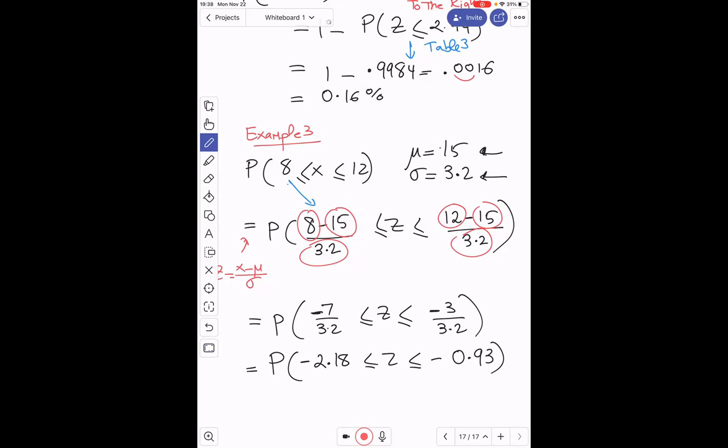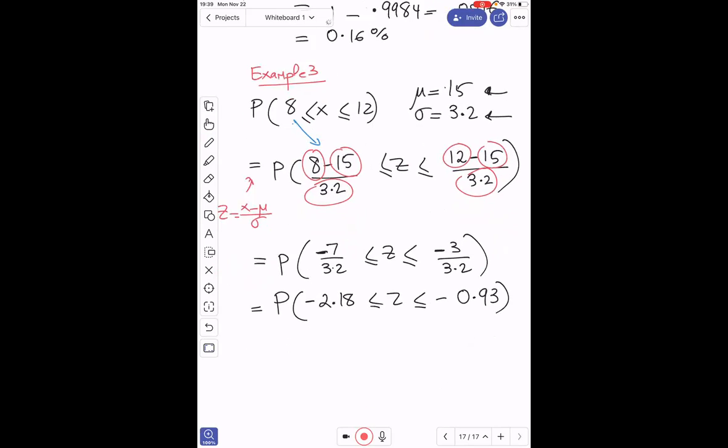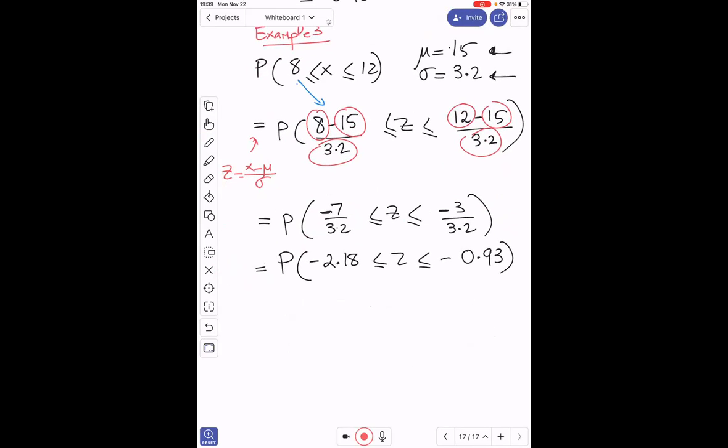So now I can use the table. My z is between these two numbers. And remember, guys, the probability that z is between these two numbers is the probability that z is to the left of negative 0.93, minus the probability that z is to the left of negative 2.18.